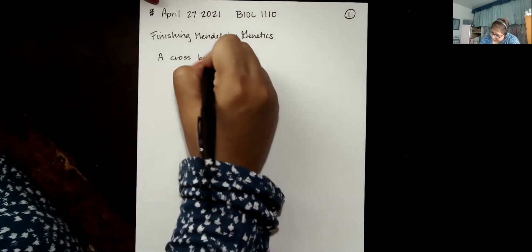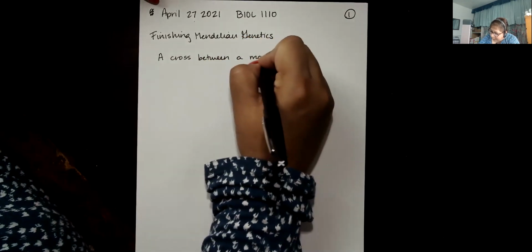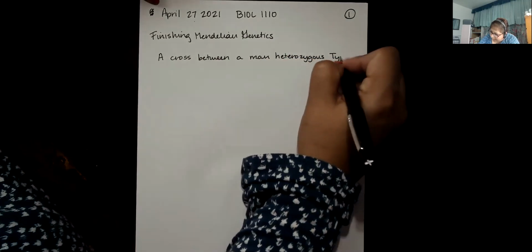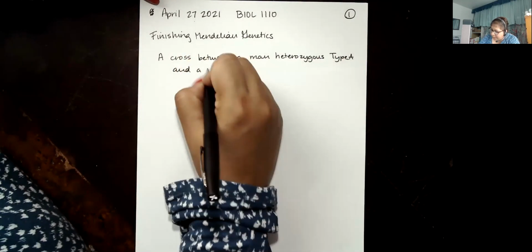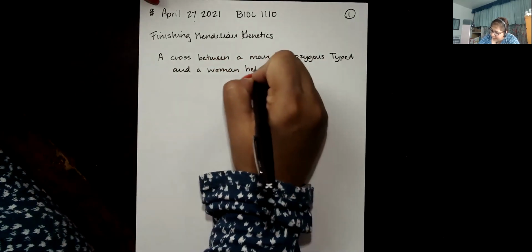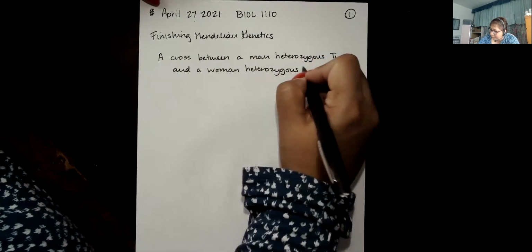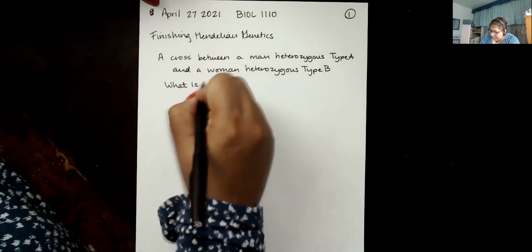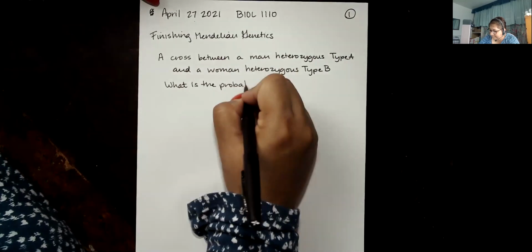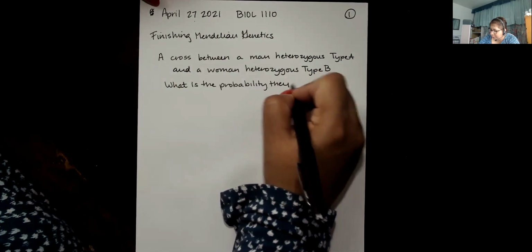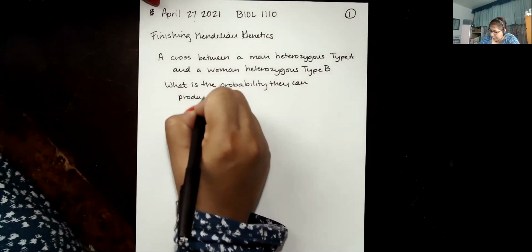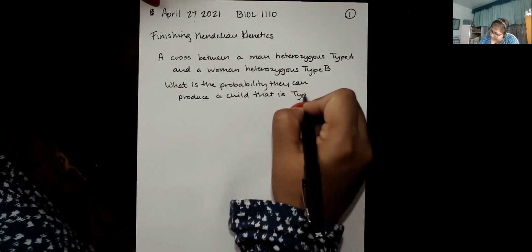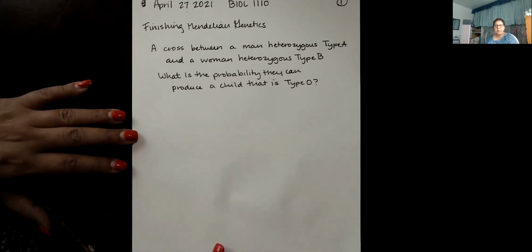We have a cross between a man heterozygous for type A and a woman who is also heterozygous, but for type B. And the question is, what is the probability they can produce a child that is type O?